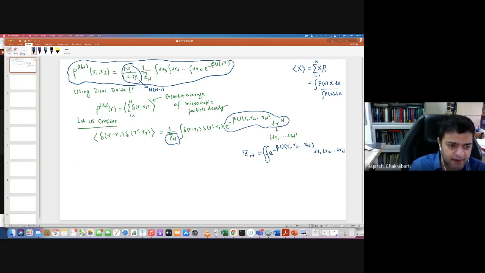And then I ask you to calculate a quantity like this, which is delta(r minus ri) delta(r prime minus rj), sum over j, sum over i. Now i goes from 1 to n, j also goes from 1 to n, but I put a prime here.